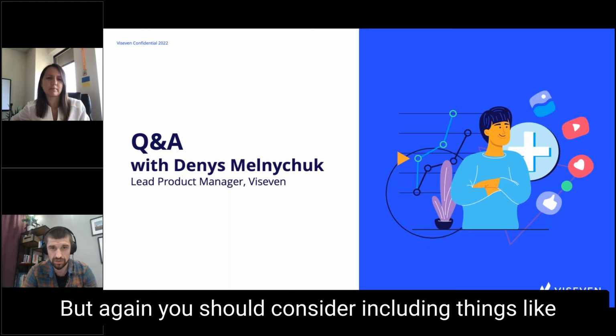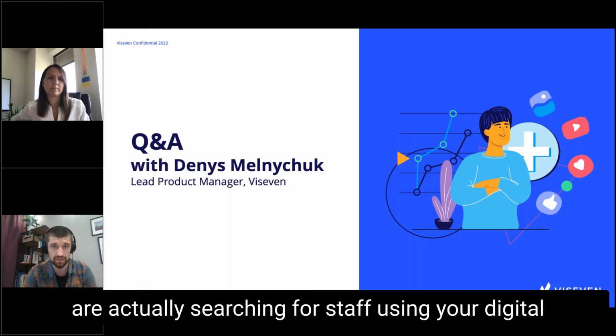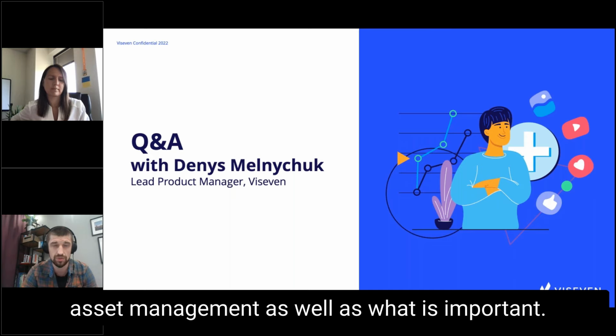But again, you should consider including things like that based on the feedback of the people who are actually searching for stuff using your digital asset management, as well as what is important.